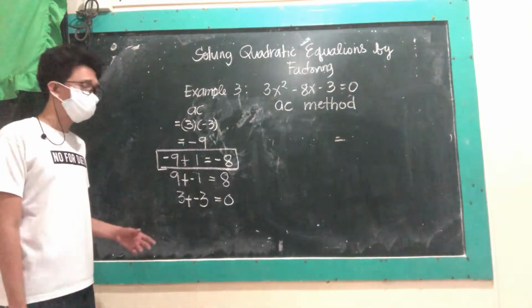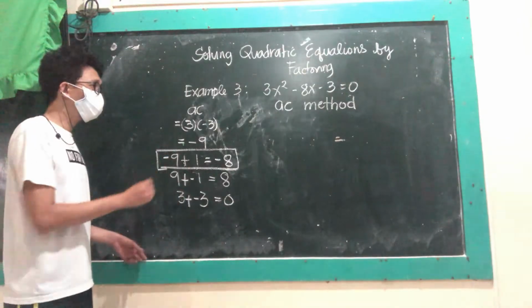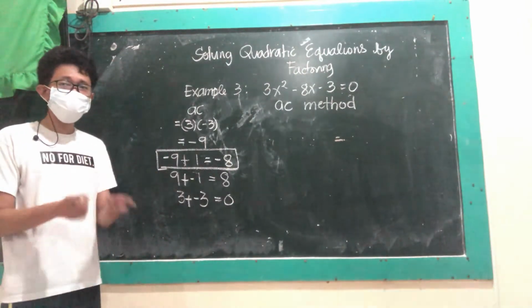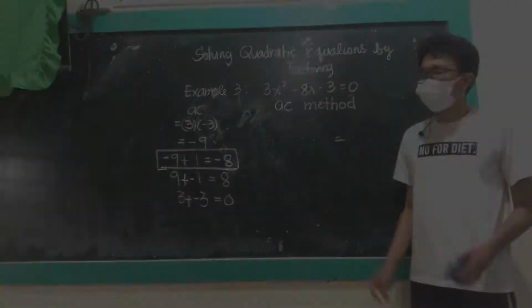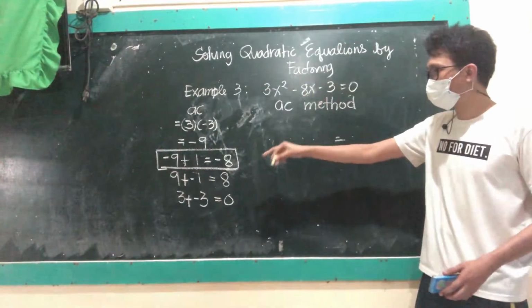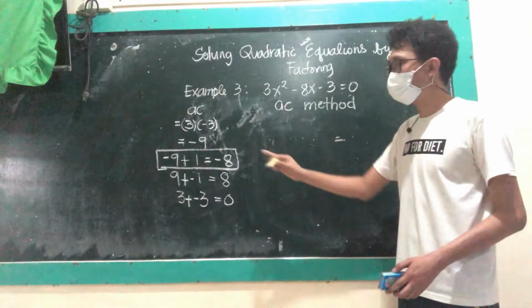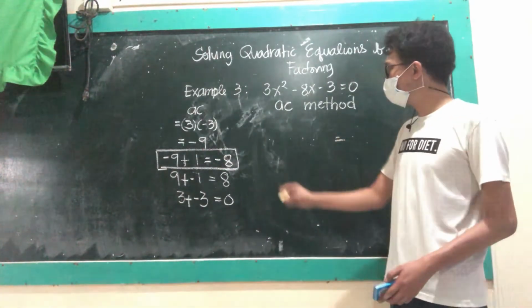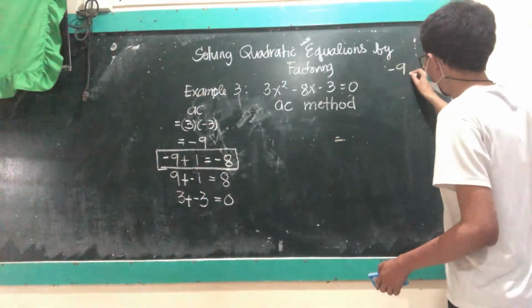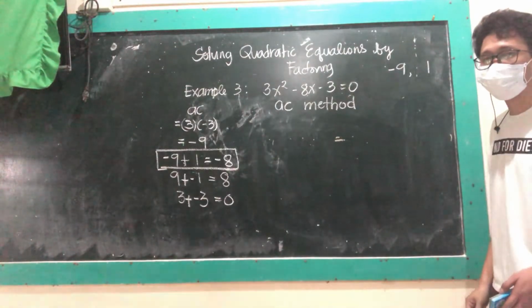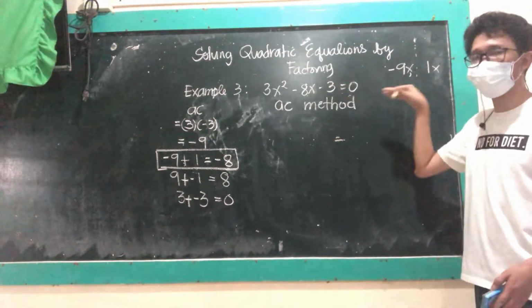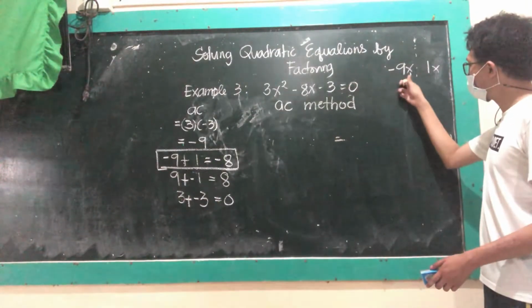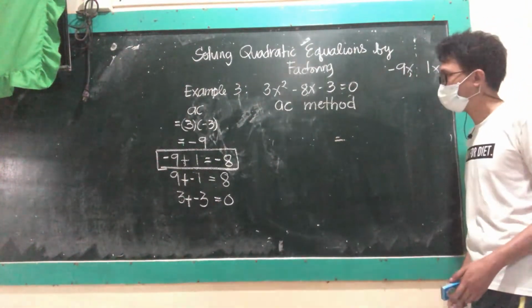With this coefficient, we're going to split negative 8x with these factors. So, we will split negative 8x into negative 9 and positive 1. Since negative 9 and 1 are our factors, we will put x on them so that we can separate negative 8x into negative 9x and positive 1x.